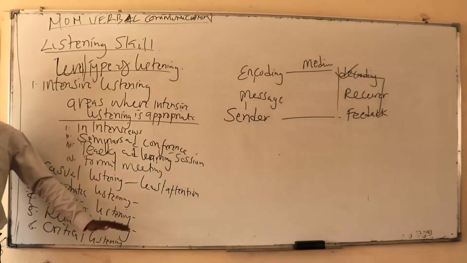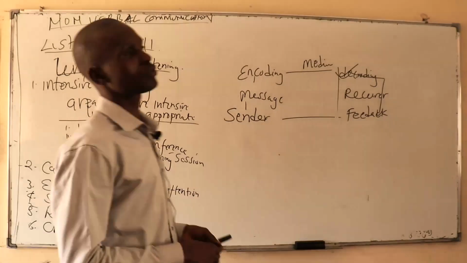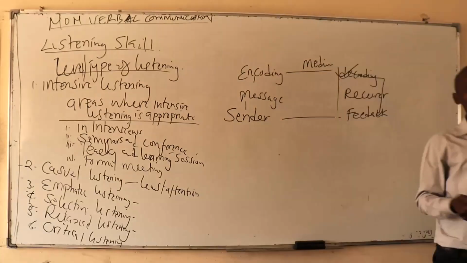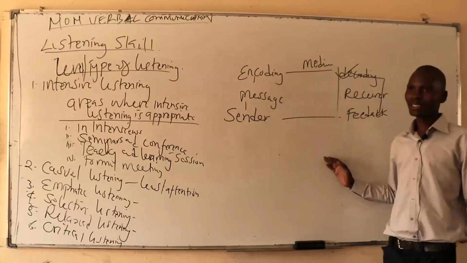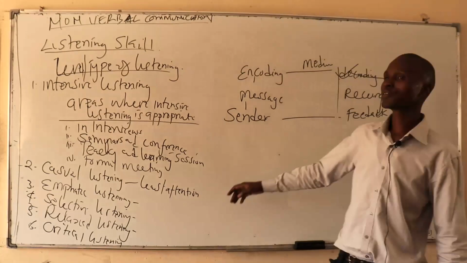Talk about selective listening. In selective listening, you only choose what is relevant to you and leave what is irrelevant. Like now you are under CPA section 1, or CPA part 1. So whatever comes for CPA part 2 is not important to you by now.